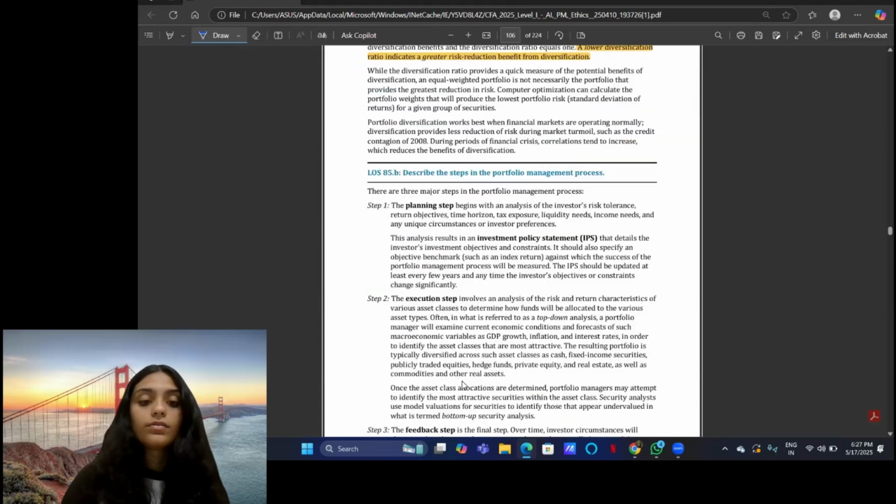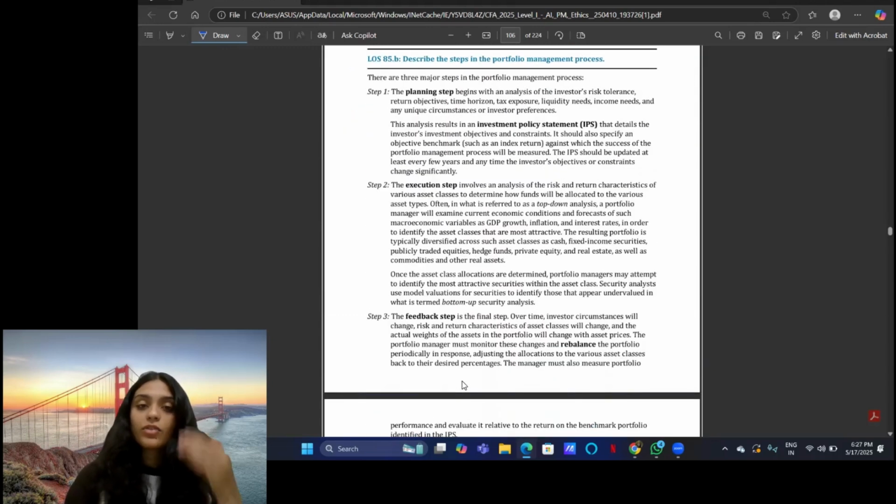That's all. Next, we have to describe the steps in the portfolio management process. So, the first step is the planning step. Now, what does this planning step mean? A customer comes to you, and when he comes to you, first you need to sit down and get acquainted with all of his things that really matter when you are making his portfolio.